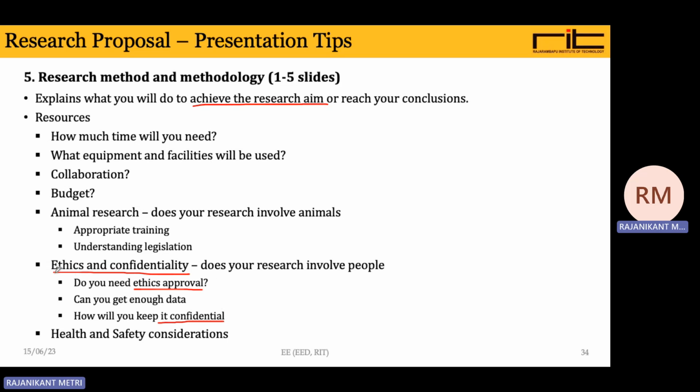So all these issues come under ethics and confidentiality, and one needs to address these things if they are there in the research. Also, health and safety considerations must be given if it is related to hazardous instruments, or things which may give hazardous outputs. All these things must be considered while preparing the presentation for the research proposal.